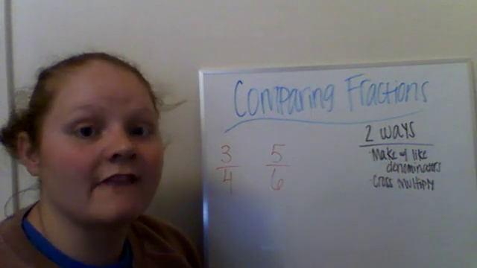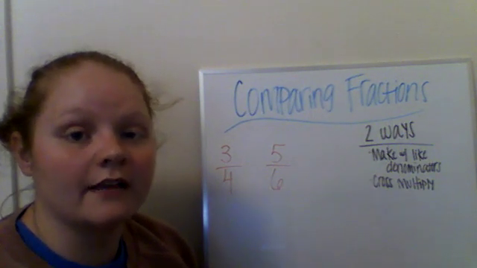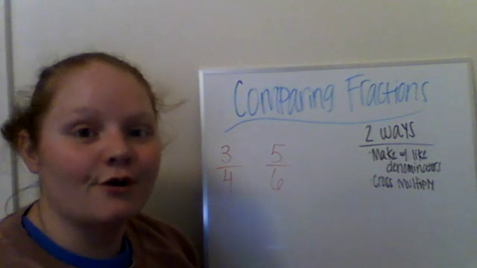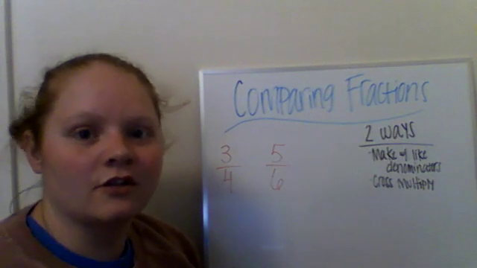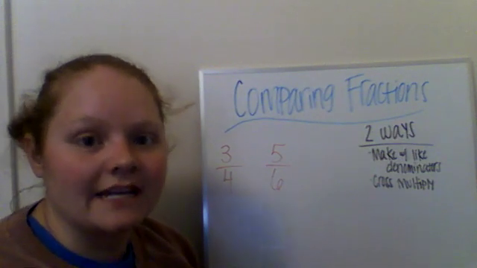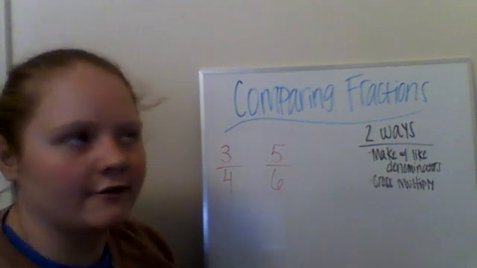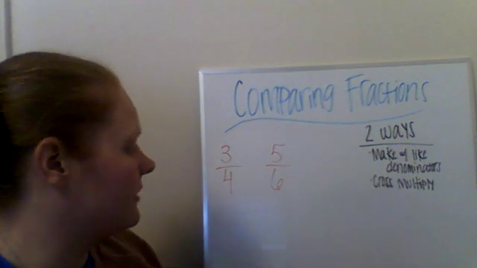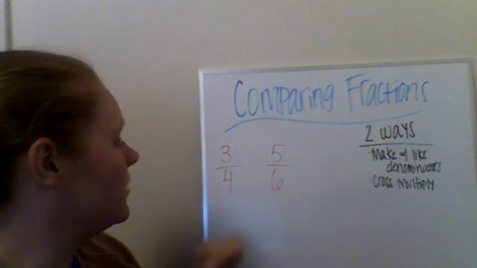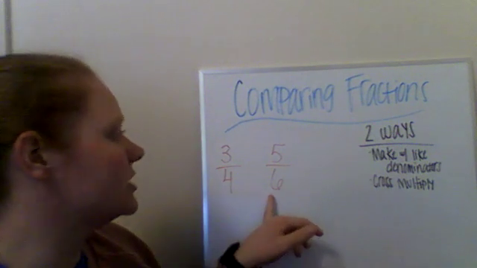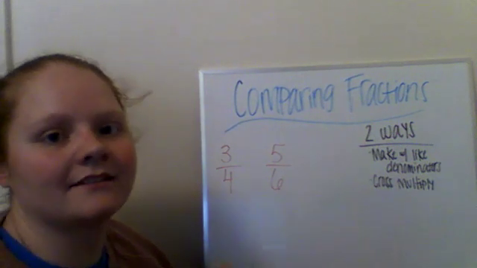When fractions have different denominators, or unlike denominators, you are a little more challenged. You have to do a little more work to get like denominators, whatever you're doing. In this case, we're comparing them. So we need to look at our denominators and try to make like denominators.